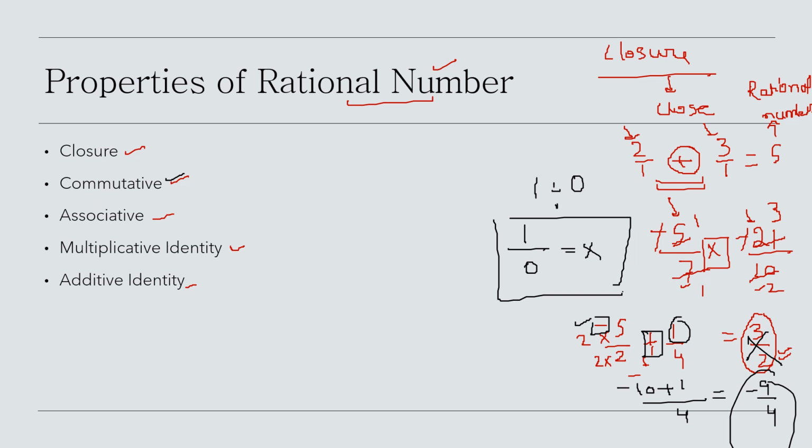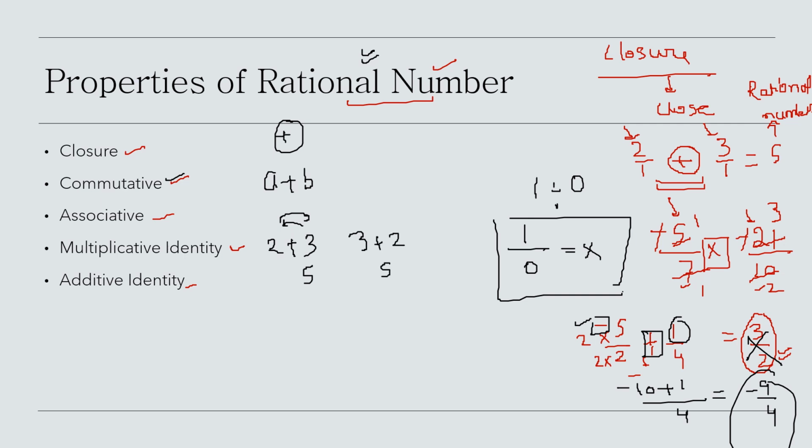Okay. Now let's move on to commutative property. For commutative, you have to figure out which operation you are choosing. Let's say we have addition. If you add two numbers, let's say 2 and 3, these are rational numbers. We are talking about rational numbers only, okay? 2 and 3, it is 5. Now let's change the order. Can I write 3 before 2 and then add?